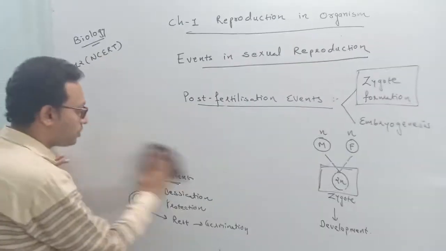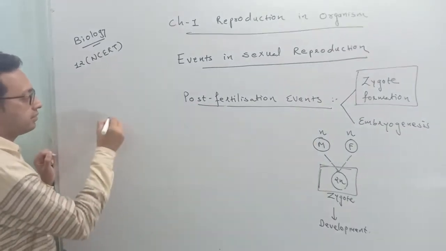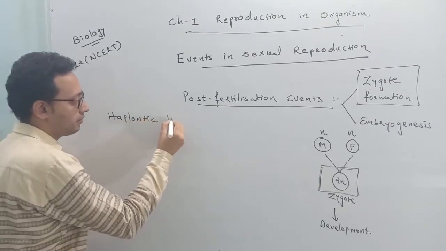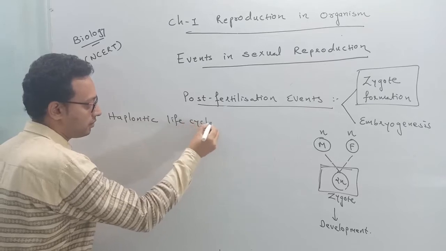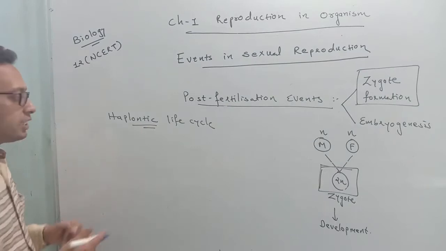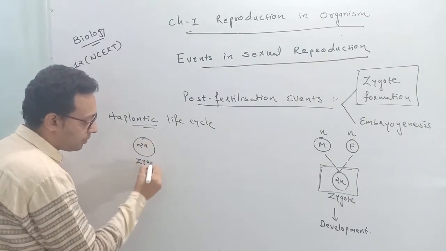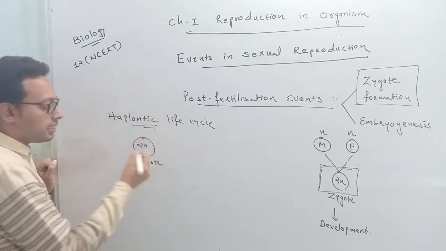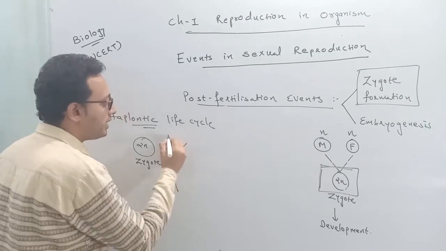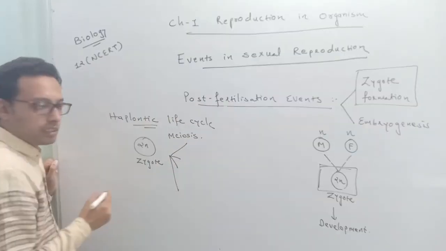Now take another example: those organisms which exhibit a haplontic life cycle. How does the further development take place? Here the zygote is formed, and this zygote undergoes a process called meiosis.